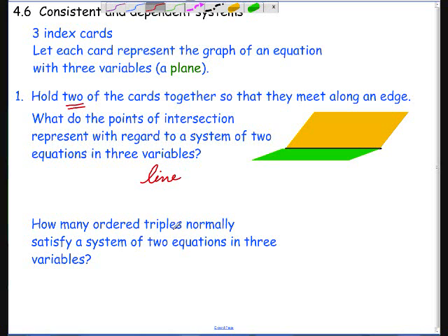How many ordered triples normally satisfy a system of two equations in three variables?